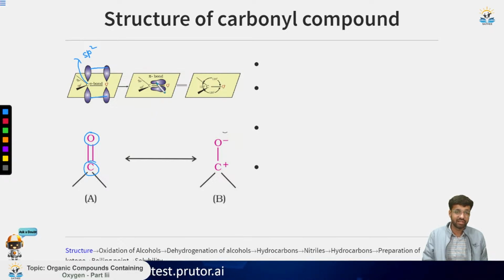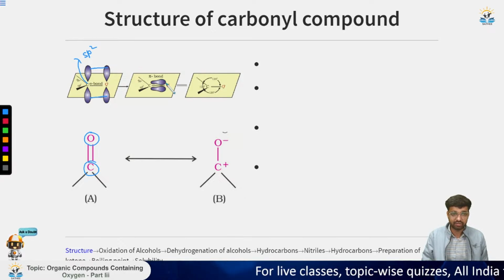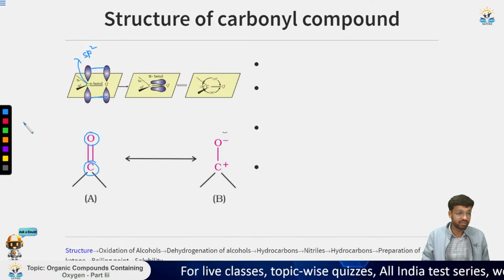Now you can see very clearly one thing to be noticed: on the side-on overlap of the p orbitals, the pi electrons are more on the O side, because the density is increased on this O side. This is due to the greater electronegativity of the oxygen atom.